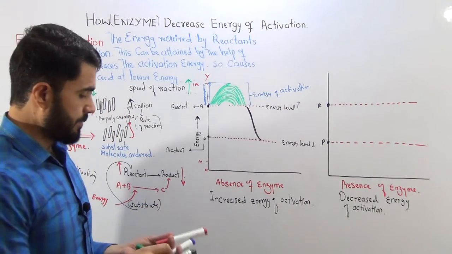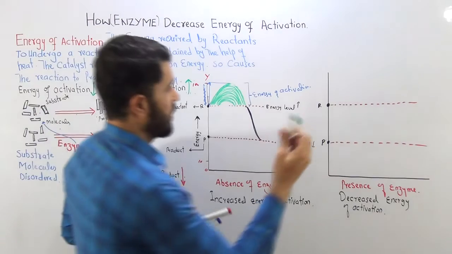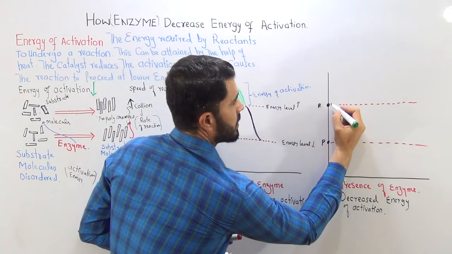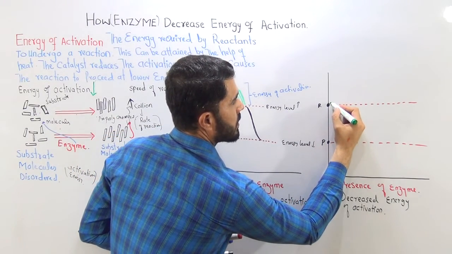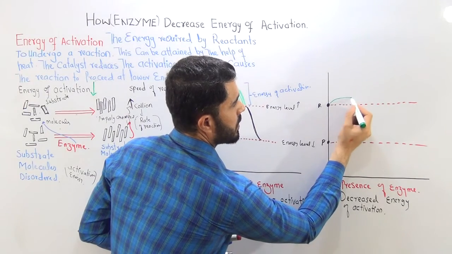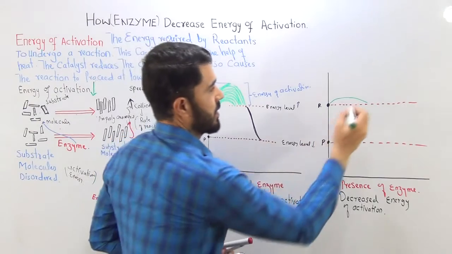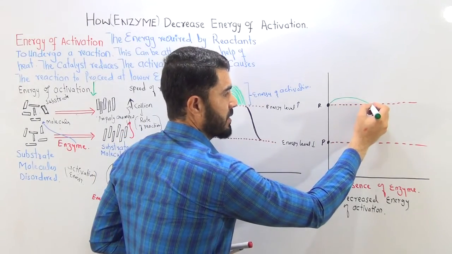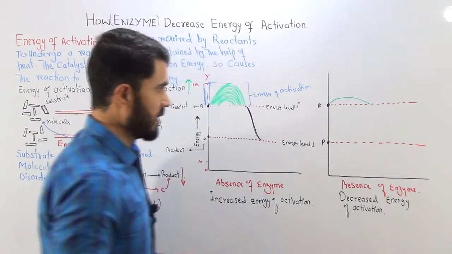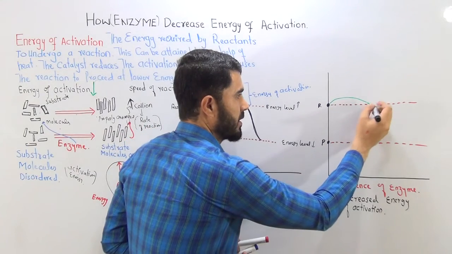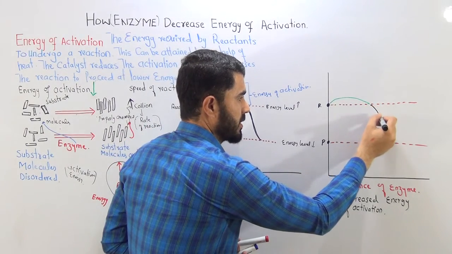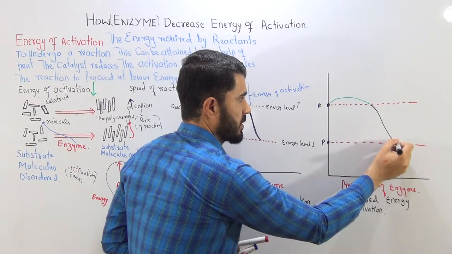In this case, a reactant will require a slight amount of energy, a very slight amount of energy, and then it will convert from reactant into product.